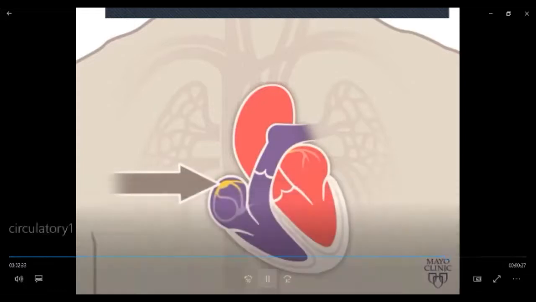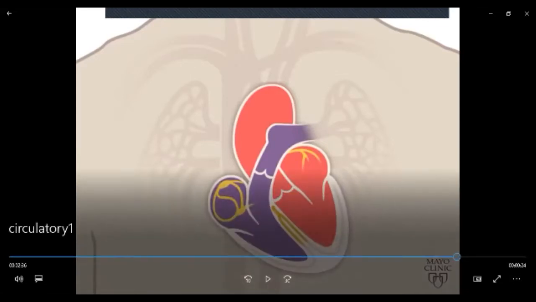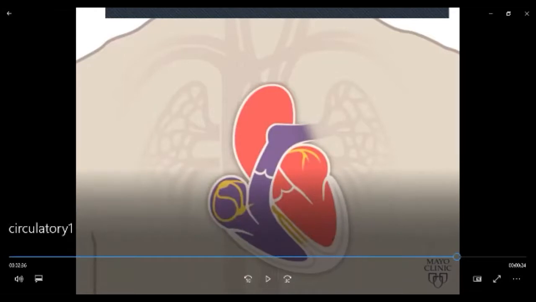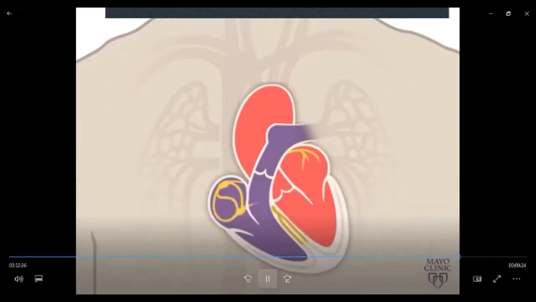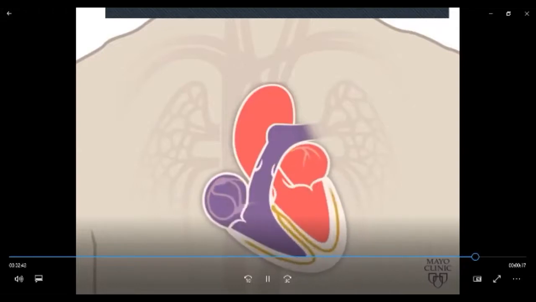Why? Because this electrical wiring from the right atrium will transfer the impulse to your heart, especially to this part of the ventricles. This is through special pathways. It will go to the ventricles, delivering a signal for the ventricles to contract.